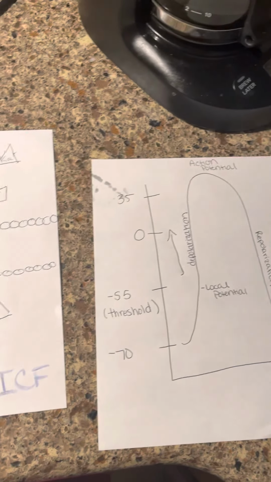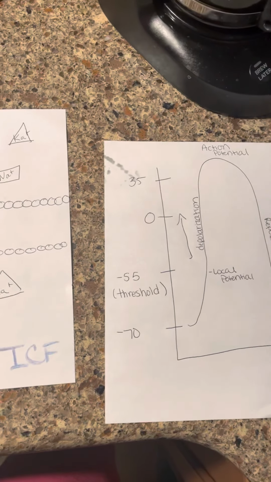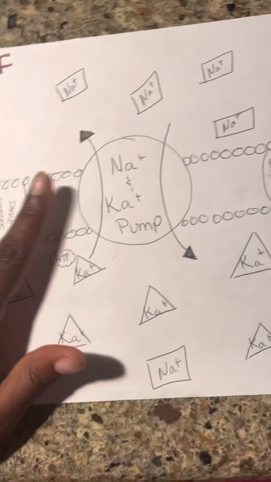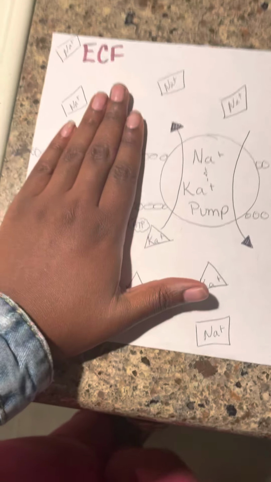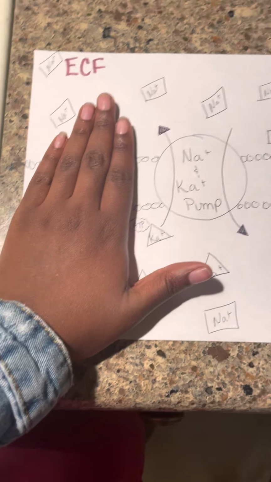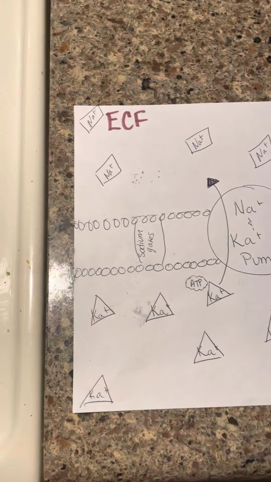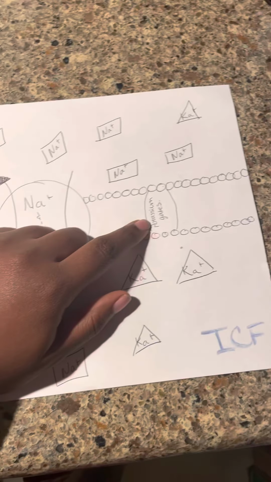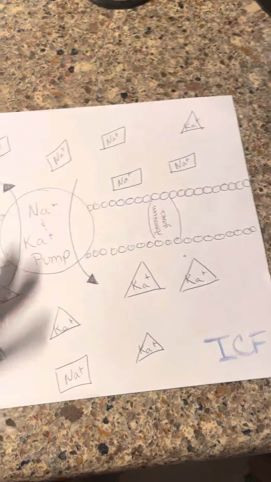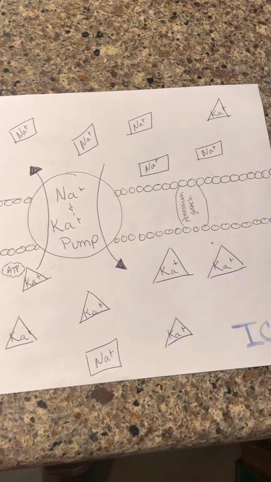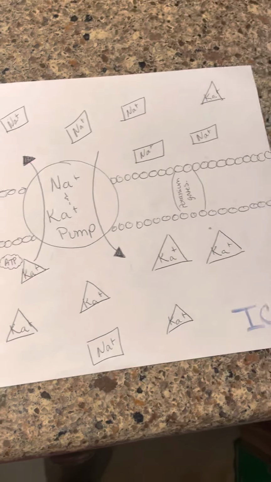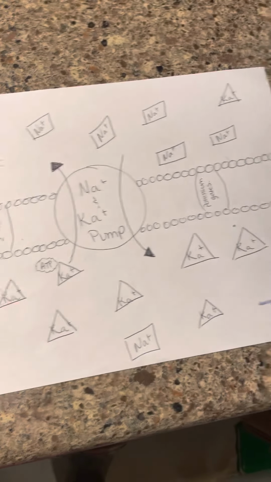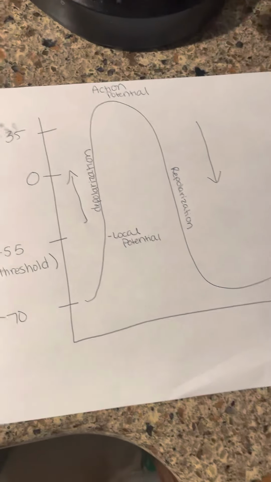And so once it's at its action potential, the sodium gates automatically close. So the sodium ions are no longer getting transported through those gates. And the potassium gates automatically open, and they open big and fast. And it is kind of flooding the potassium back the other way into the ECF. And this is called repolarization when that happens.